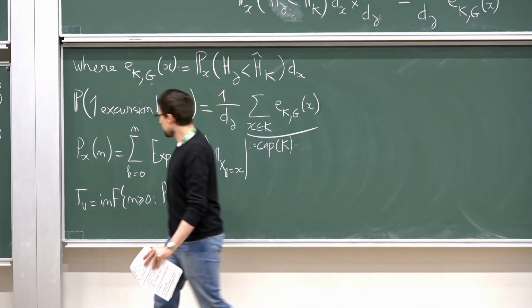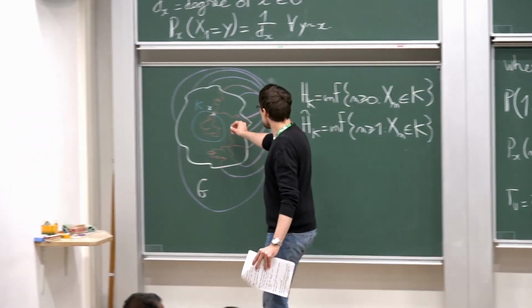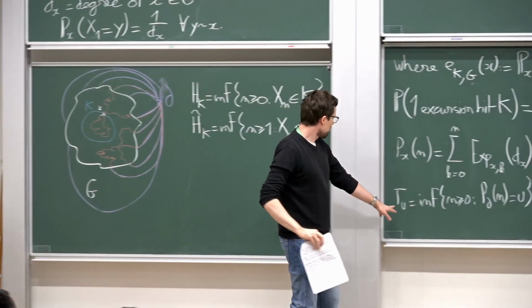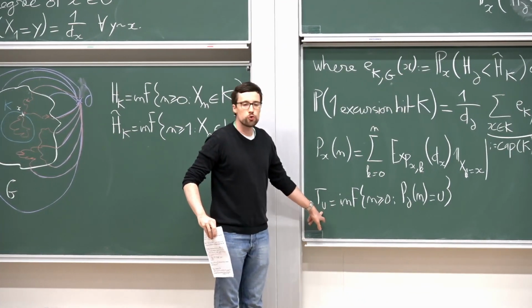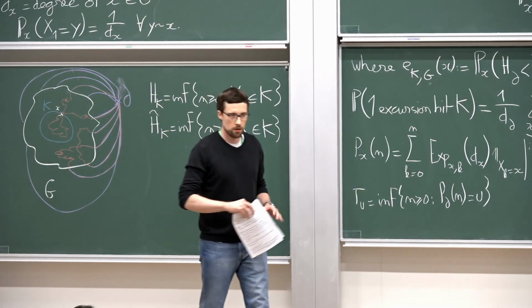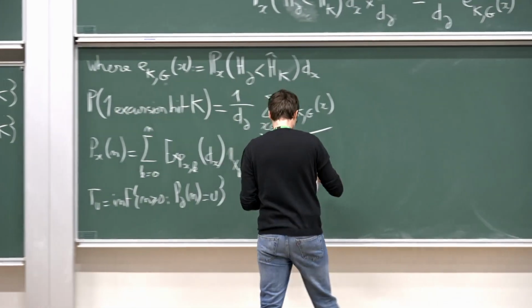So at this time t_u, I really finished all my excursions and they all came back to the boundary. So this is my new time parameterization. If you want, u plays the role of your time, or it plays the role of how many excursions I have.